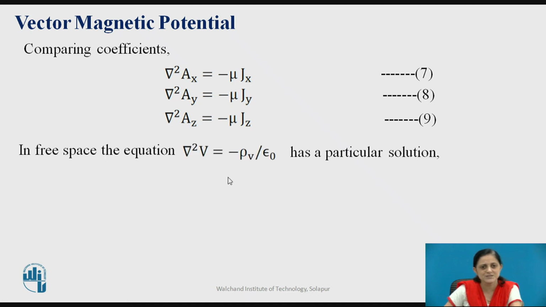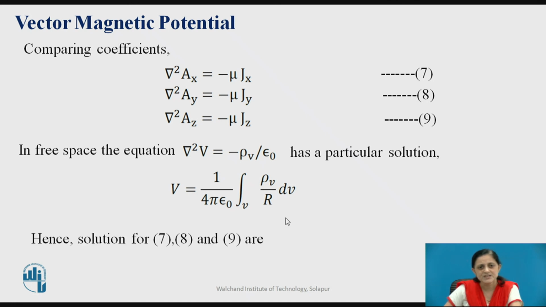In free space, the equation del square V equal to minus rho V by epsilon has a particular solution, and therefore V can be written as 1 upon 4 pi epsilon naught times the integration over the volume of rho V by R dV. Hence, the solution for equations 7, 8, 9 can be obtained by considering this equation.